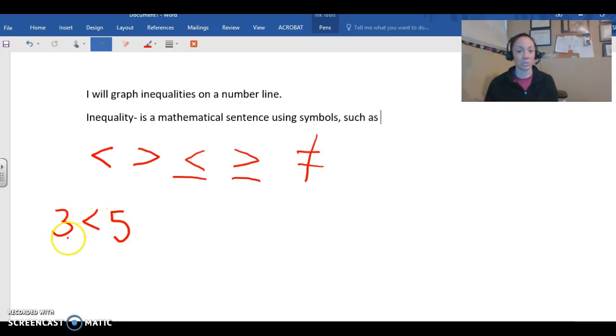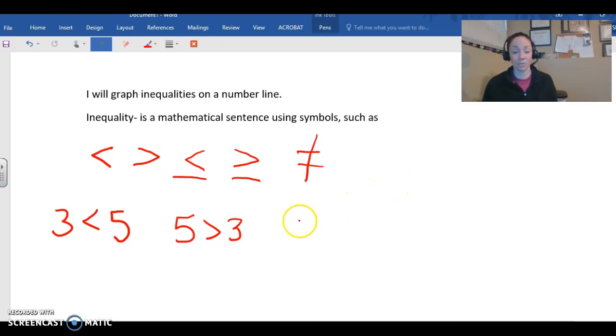I mean, if you could choose between 3 pieces of candy and 5 pieces of candy, you know your little mouths would open up and munch down those 5 pieces of candy. So, 3 is less than 5. But then, if we want to use our greater than symbol, we could say 5 is greater than 3.